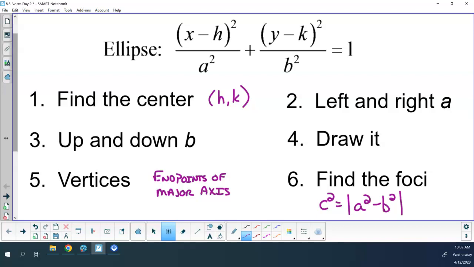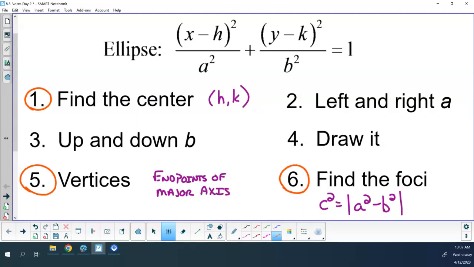Now, in terms of information that I am going to ask you on each problem, I'm going to ask you for the center, I'm going to ask you for the 2 vertices, and I'm going to ask you for the 2 foci.